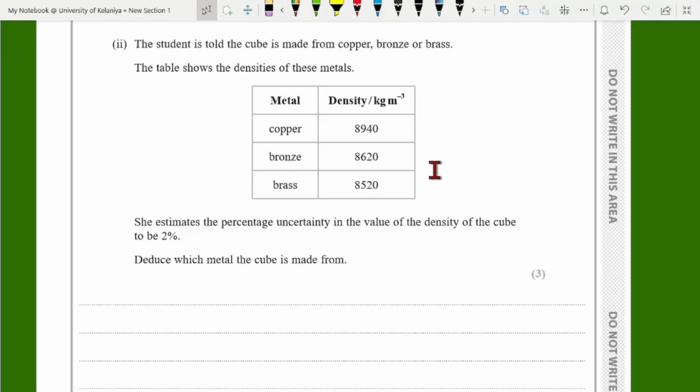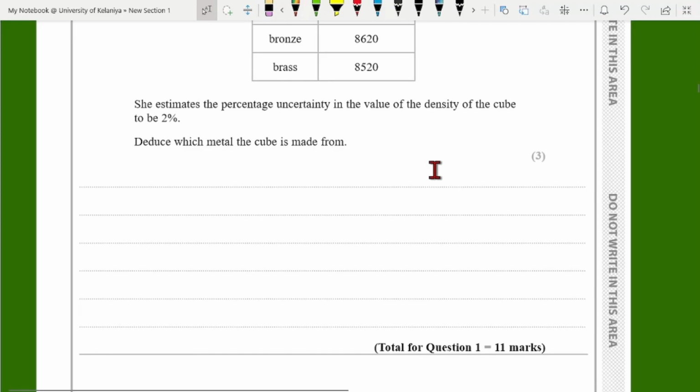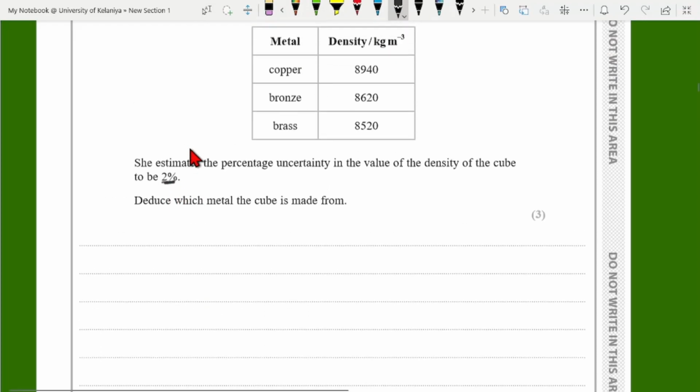There are two methods. What I prefer is using upper limit and lower limit, so I'm going to calculate it that way. To find the upper limit, you can clearly see it is varying by 2%, so the maximum value will be 102% and the minimum value, what we call the lower limit, will be 98%.